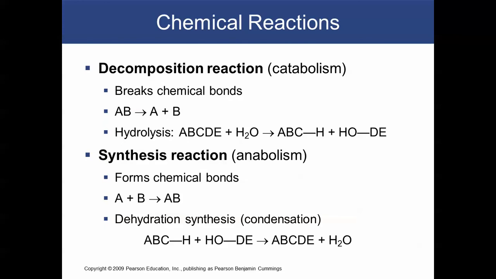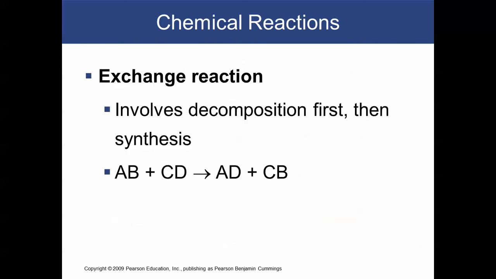So again, there are two kinds of chemical reactions. We can break things down, and that's called a decomposition reaction, or we can build things up, and that's anabolism. So we can add two things together, such as A plus B, and we get AB, so we're building something. Or we can take AB and break it down into A plus B. Or sometimes we can have an exchange reaction.